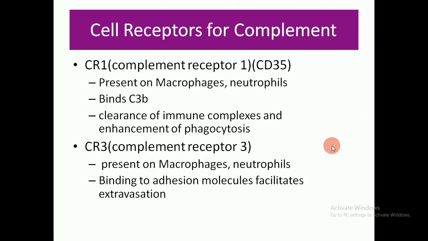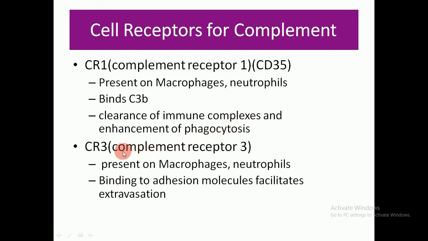The complement, in order to achieve its function, needs receptors, and these are called receptors for the complement. For example, complement receptor 1, CR1, which is designated CD35, present on macrophages and neutrophils and binds to C3b, and its function is clearance of the immune complexes and enhancing phagocytosis.